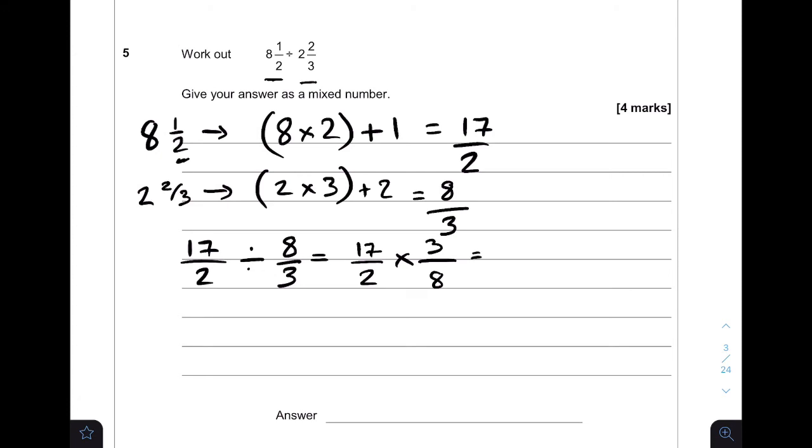So this will be 17 times 3, and that will be 51, and then 8 times 2 is 16, so put 16 there. Cool.